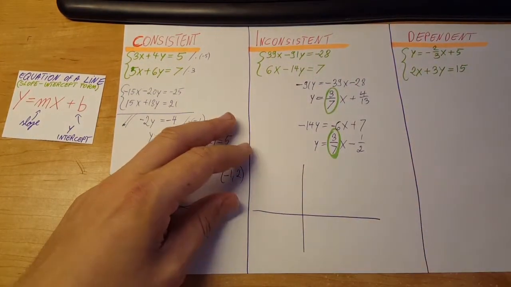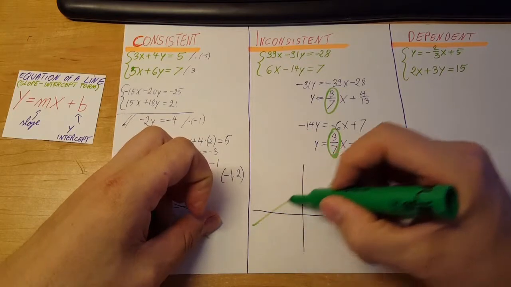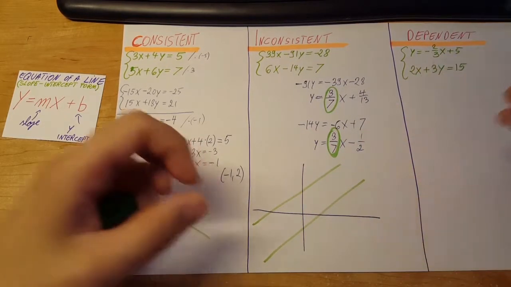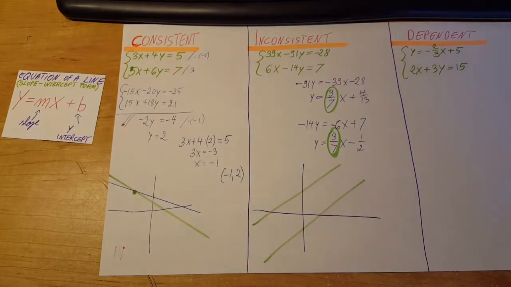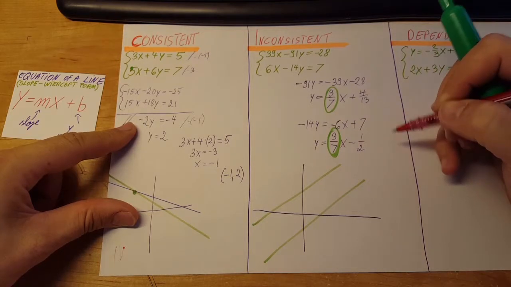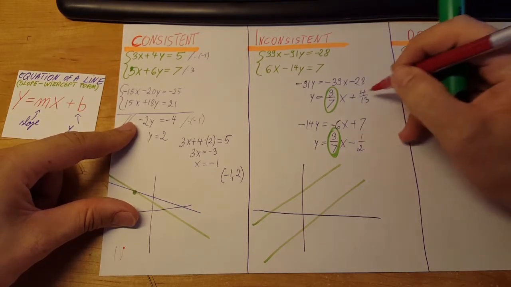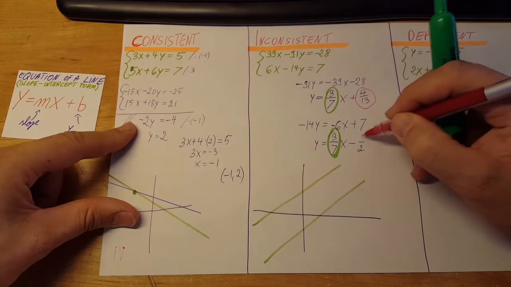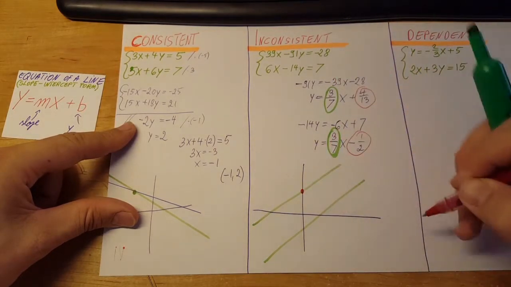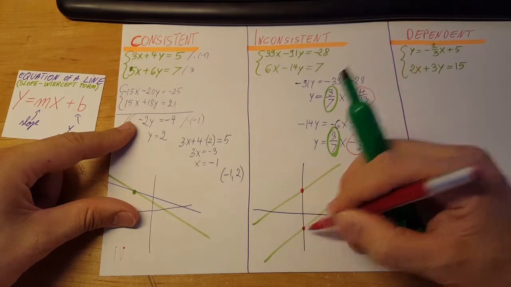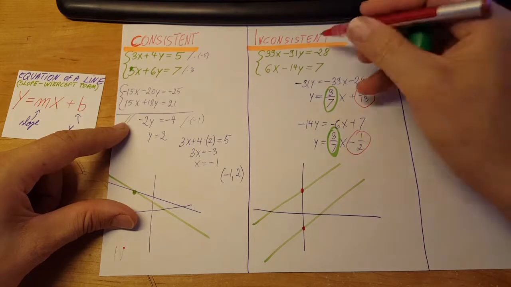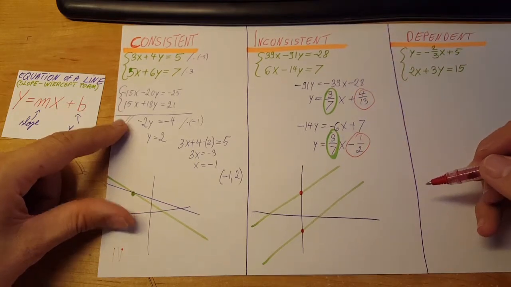And the rough sketch would be something of this nature. And from the two forms of the equations, we can also tell that they have different intercepts. This one would be here, this one would be here. And as you can tell, these two lines will never meet, therefore the system's inconsistent.